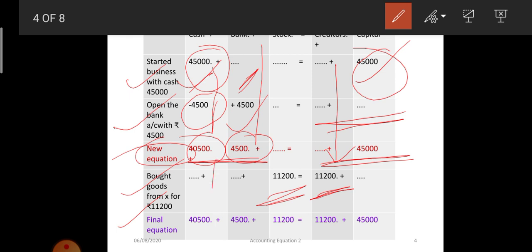So cash is unchanged at 40,500, bank balance 4,500, stock is 11,200. Okay, the total of this side is 56,200. Asset side total is 56,200. Check the liability side, creditors 11,200 and capital 45,000. So this side, the liability side total is also 56,200.